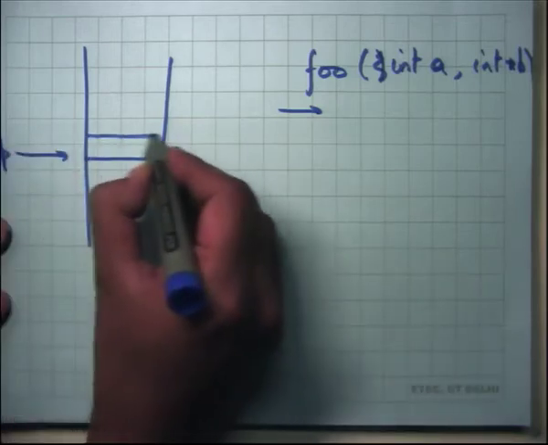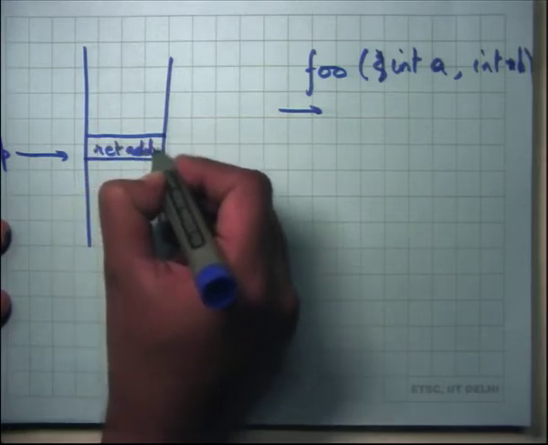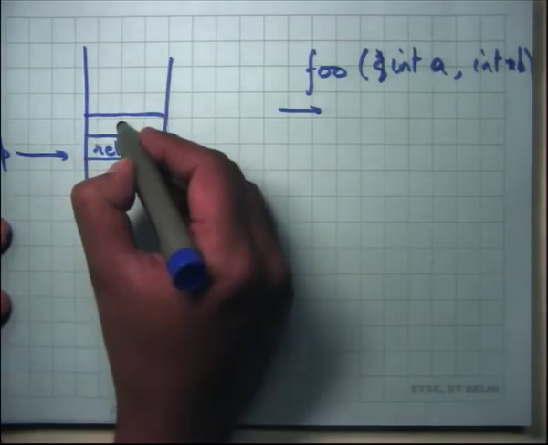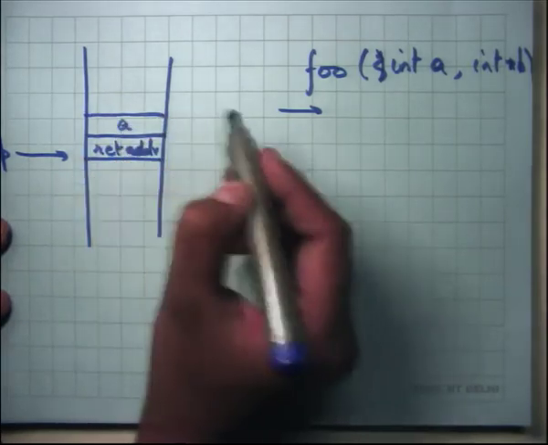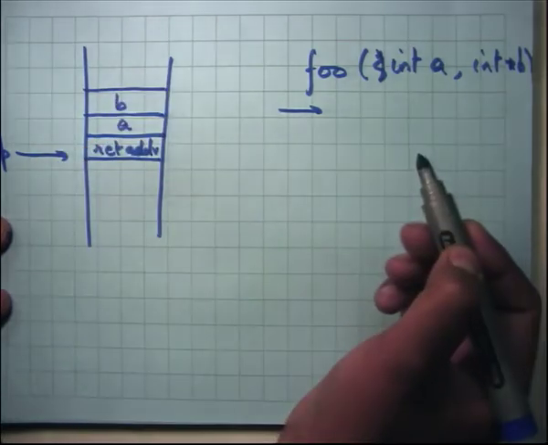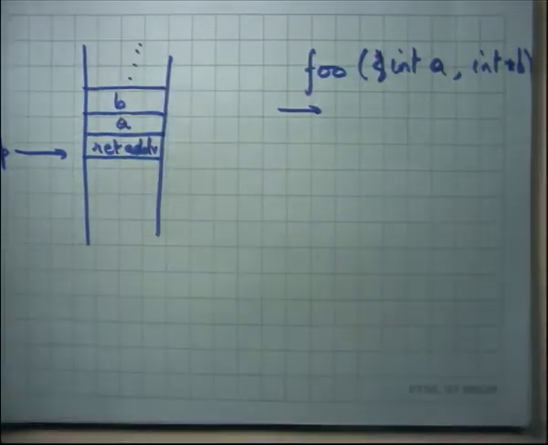Wherever it points, this should be the return address, this should be a, and this should be b, and so on. If there are multiple arguments, they just stack on top of one another. So that's the convention of a compiler.